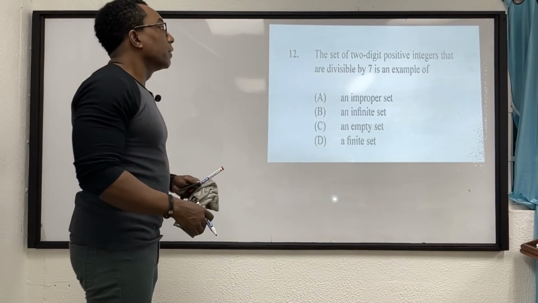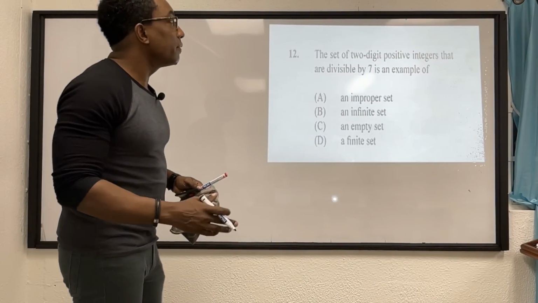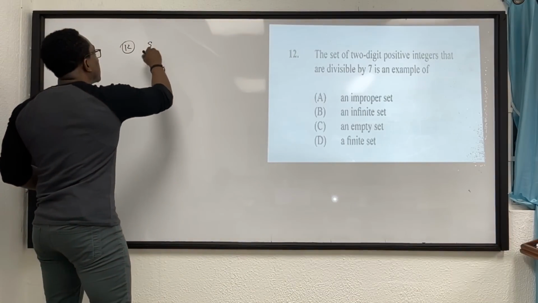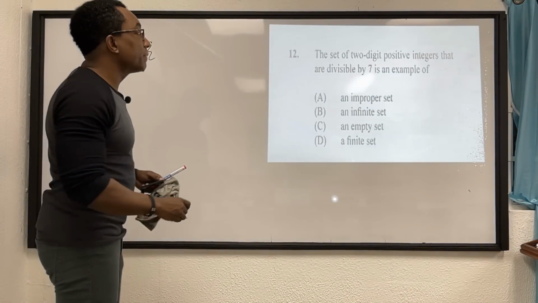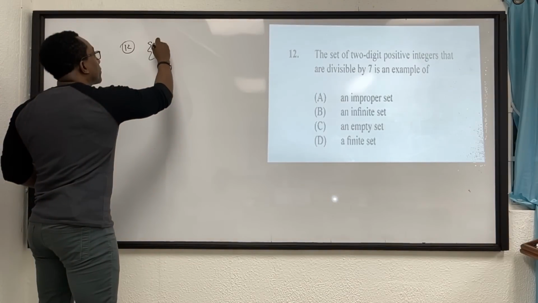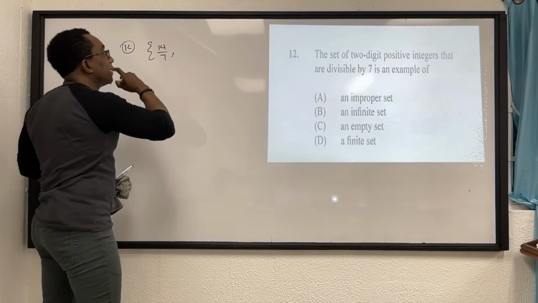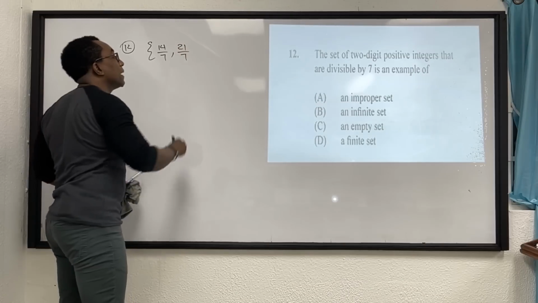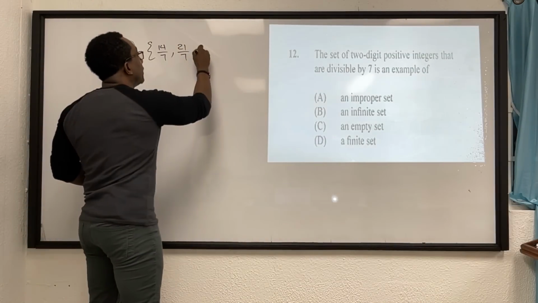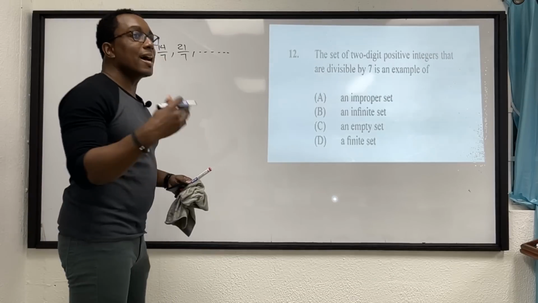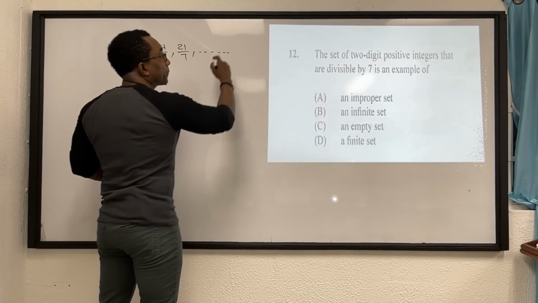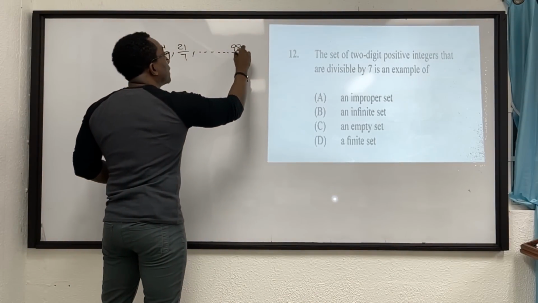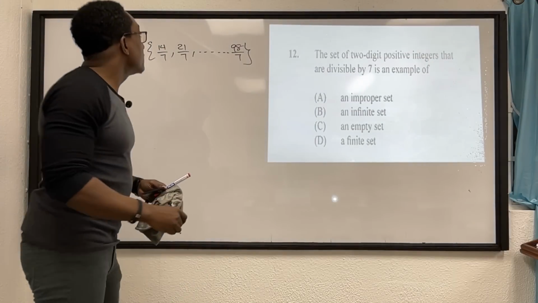And therefore, we are looking at the set of 2-digit integers that are divisible by 7. So we know 14 is divisible by 7. 21 is divisible by 7. And so we keep going until we arrive at the last 2-digit positive integer that is divisible by 7, and that is 98.